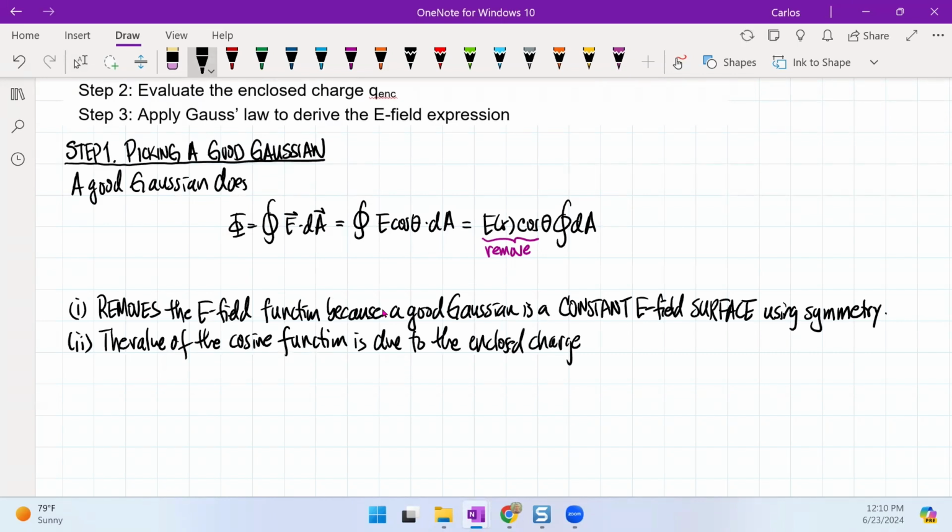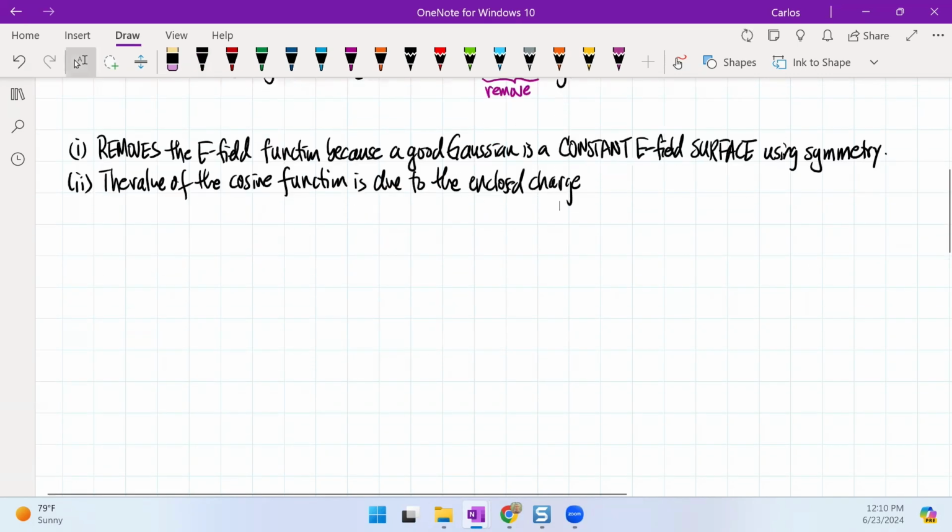And it's also a function that's generated by the dot product. But the value of the cosine function really tells us about whether we have positive flux or negative flux. So let's go through both of these situations.